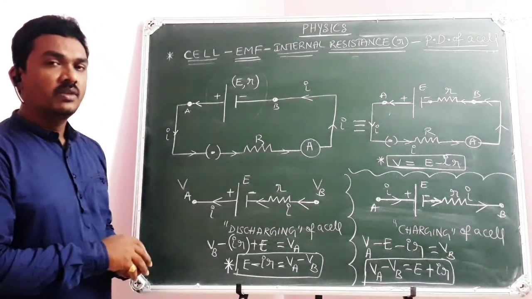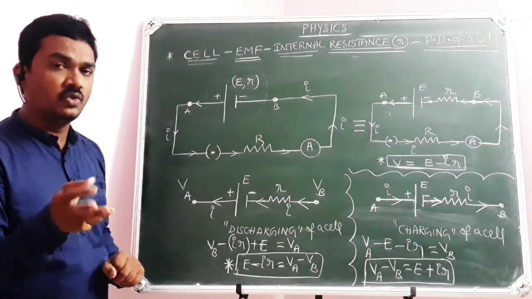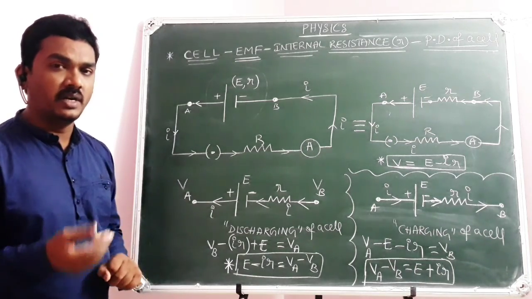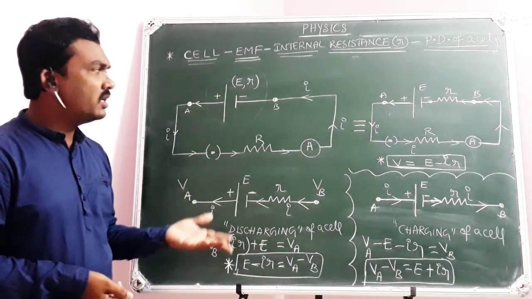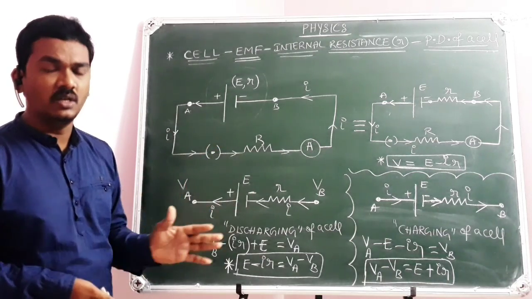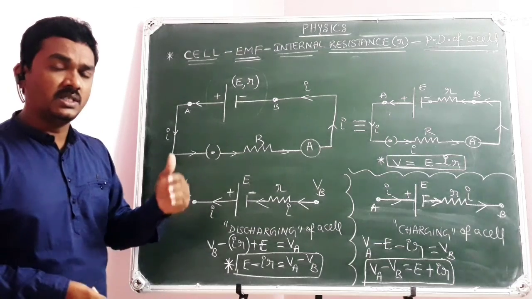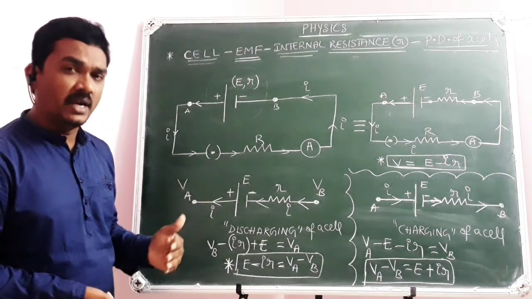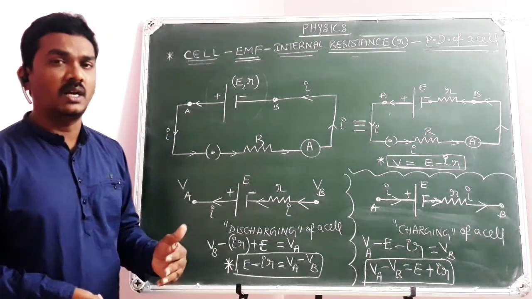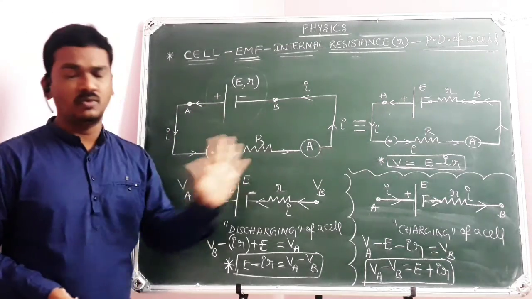Hope you got clarity. This is a very important application in further high standard numerical applications when you are trying to solve. Usually this internal resistance will not be mentioned in our electric circuits in general, because most of the very basic applications in current electricity will be handled with an ideal cell whose internal resistance is 0.